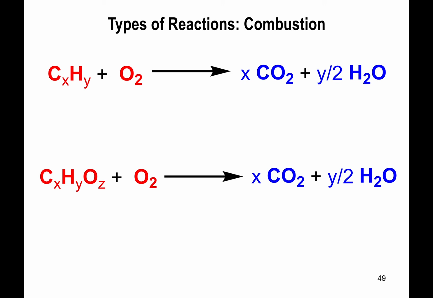Now, since oxygen is present in multiple molecules in the examples right here, we have to actually account for how many oxygens we have on the product side and how many we have on the reactant side to ultimately come up with a balancing factor for the dioxygen molecule.